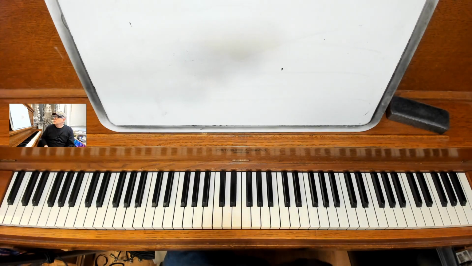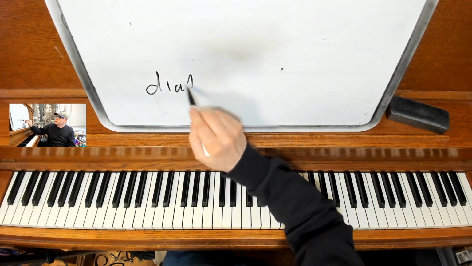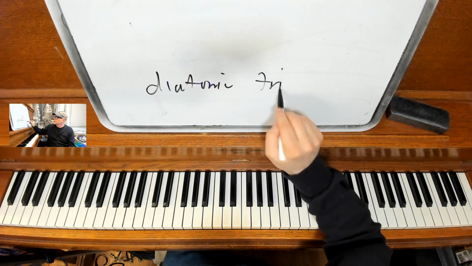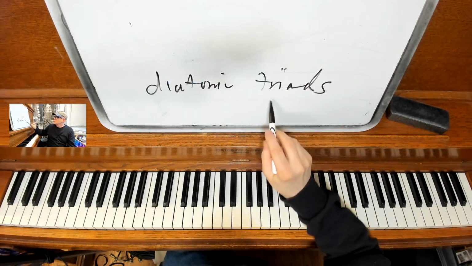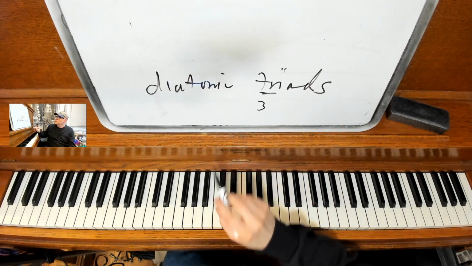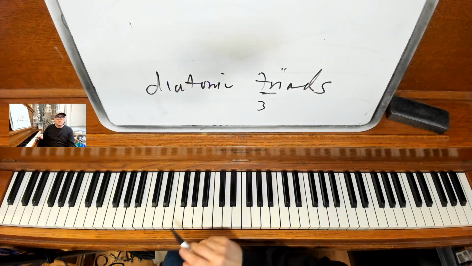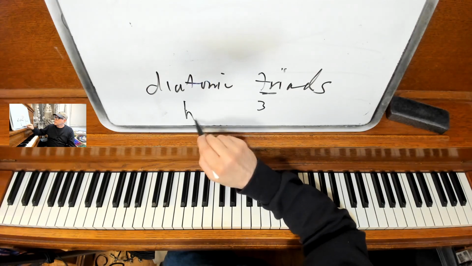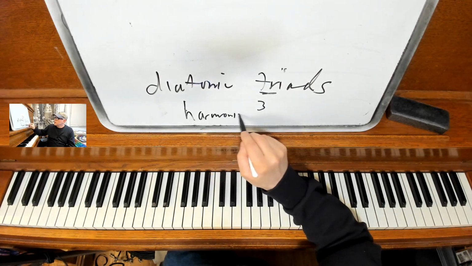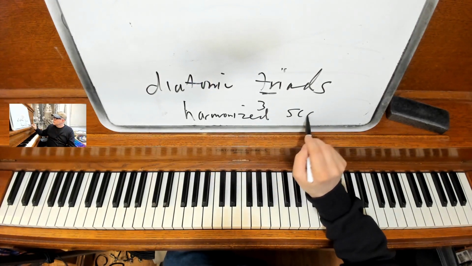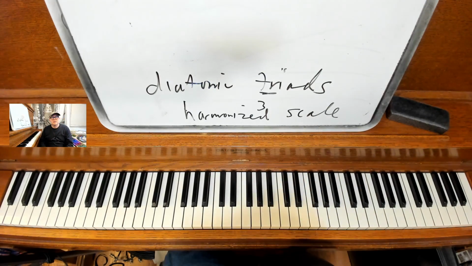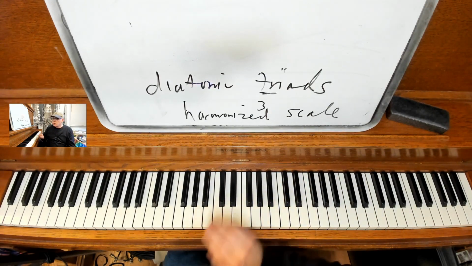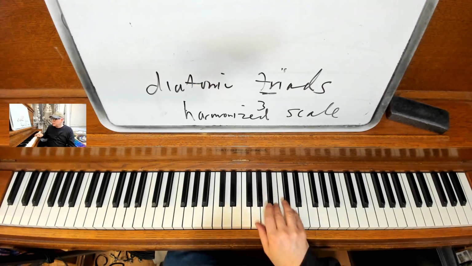Those are referred to as diatonic triads, tri meaning 3. Those are chords. That's what we call a harmonized scale. Those are the chords that you would most likely use if you were in the key of C.